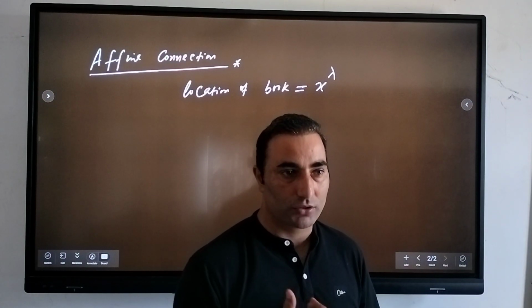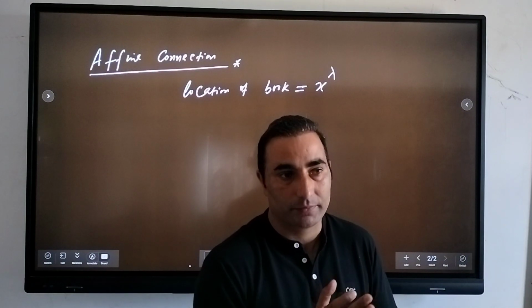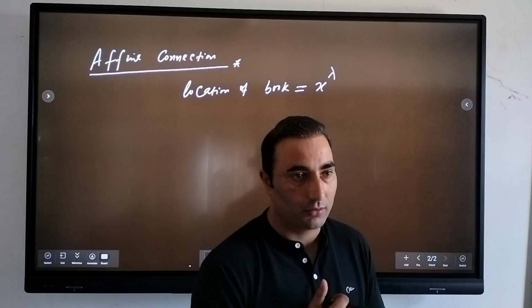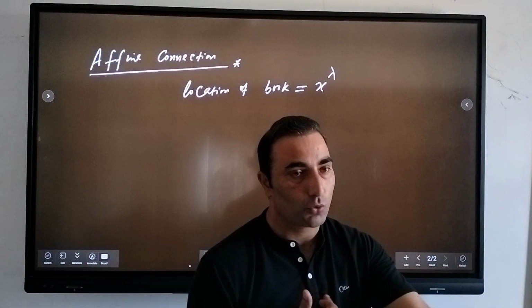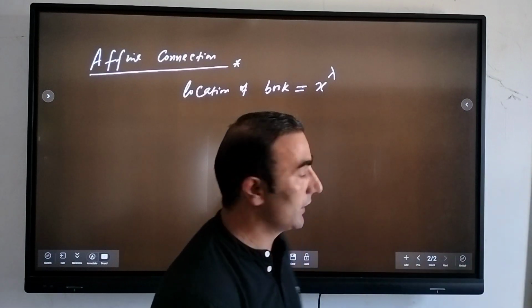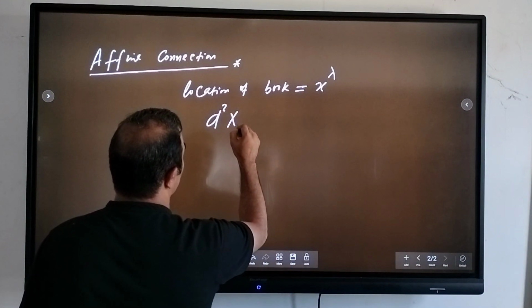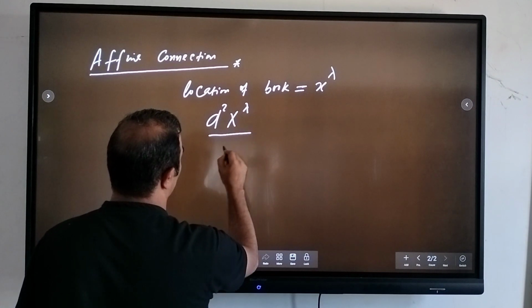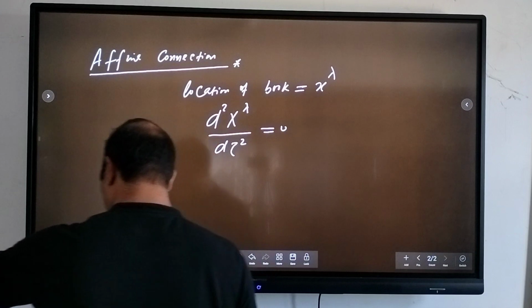Because I'm choosing myself as the coordinate system and I'm locating that book with respect to myself, right? So what I'm observing is that it is moving with zero acceleration. So I can write here d2 x lambda by d tau 2.